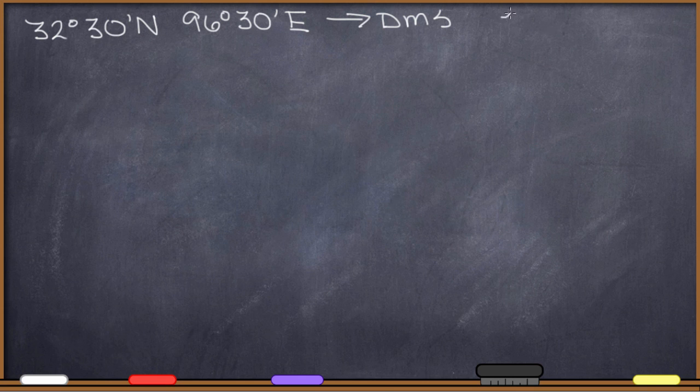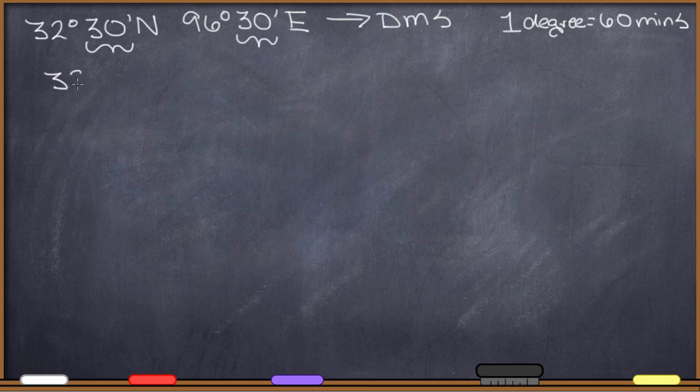Remember that 1 degree is equal to 60 minutes. So this should be a very easy conversion to do. Shouldn't need a calculator or anything like that. If 1 degree is 60 minutes and I've got 30 minutes right here, and I've got 30 minutes right here, then what I have is half of a degree.